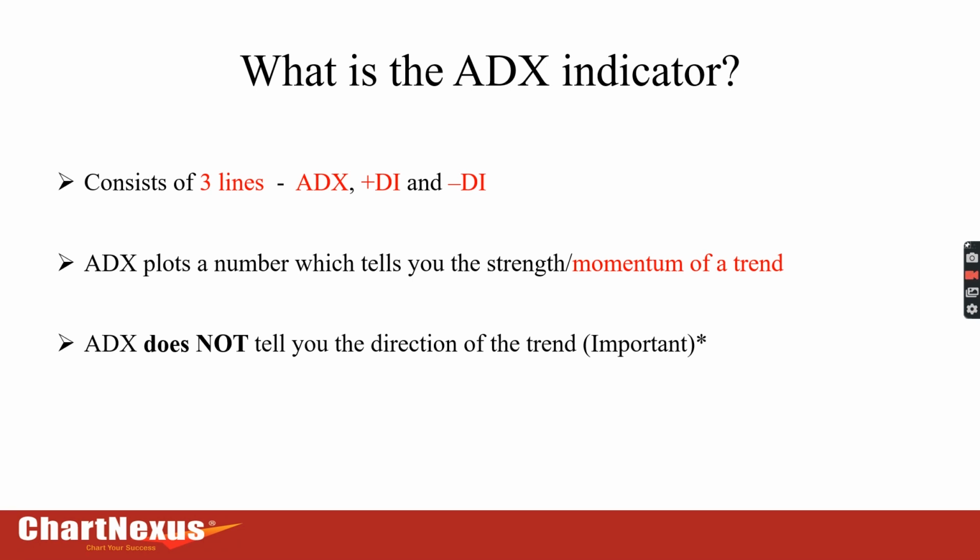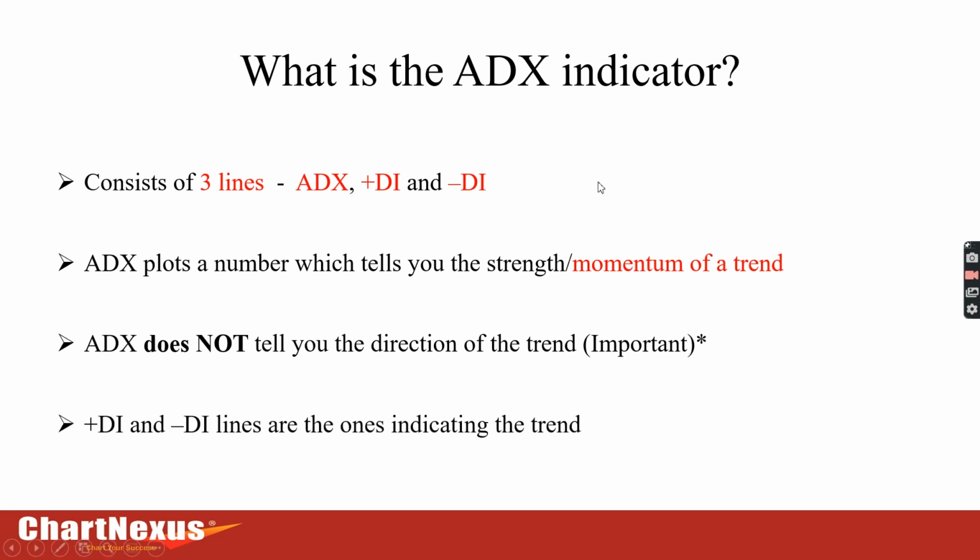It can be up, can be down, it doesn't matter. The number tells you the strength behind the trend. That's all. So do not mistake it as, just because the ADX line is going up, it means it's on an uptrend, and if it's going down, it's on a downtrend. No, that is a very big misconception, and we are here to correct it. Very important, it is to tell you the strength behind a trend.